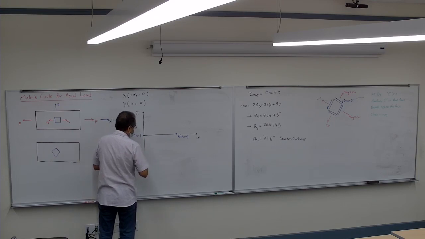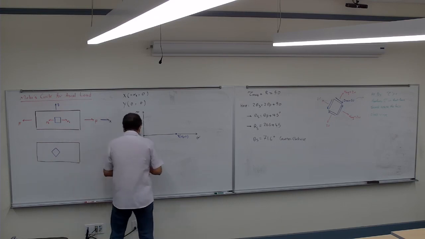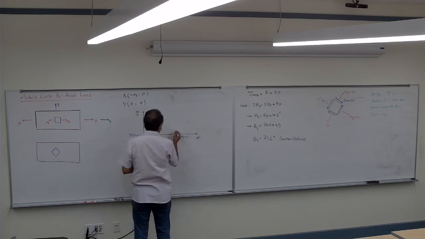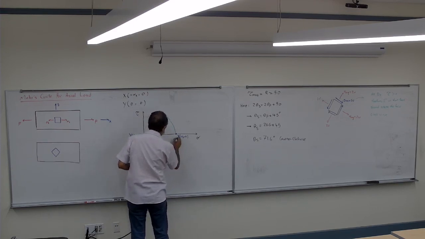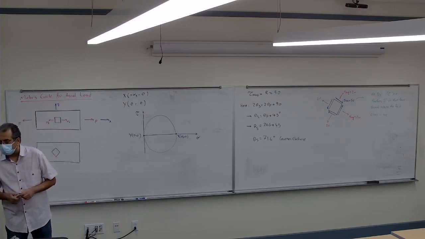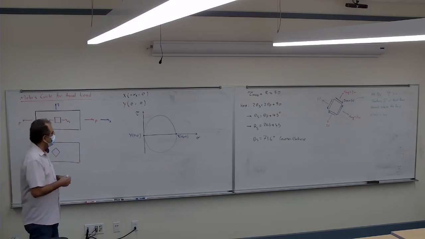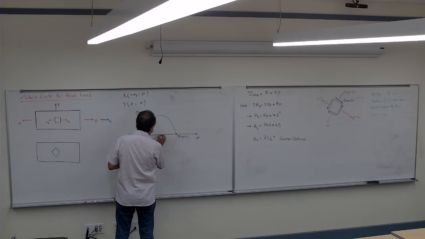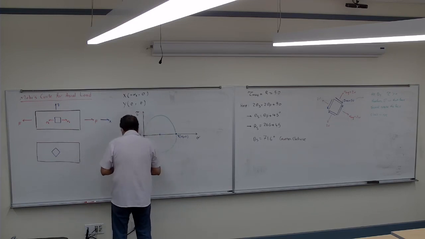Now if I go ahead and draw a circle through that, that's gonna be my circle, correct? And then at the center I have the sigma average.